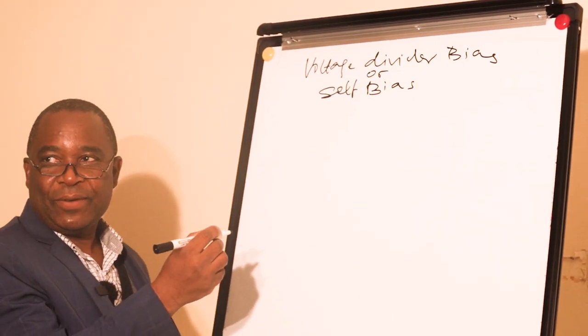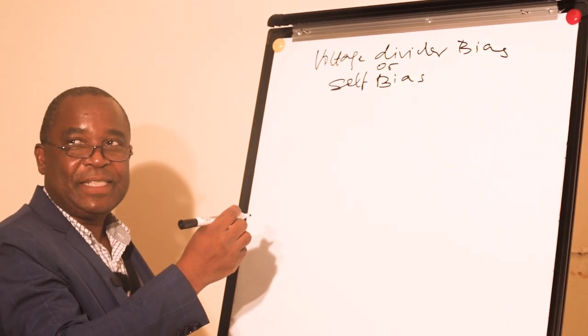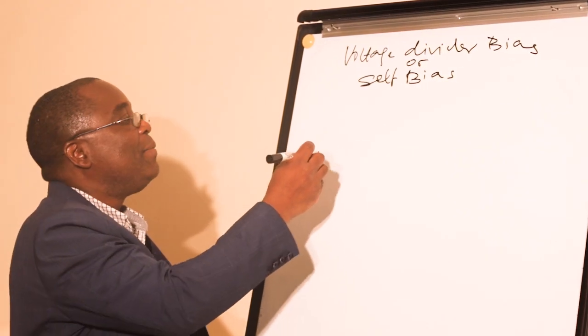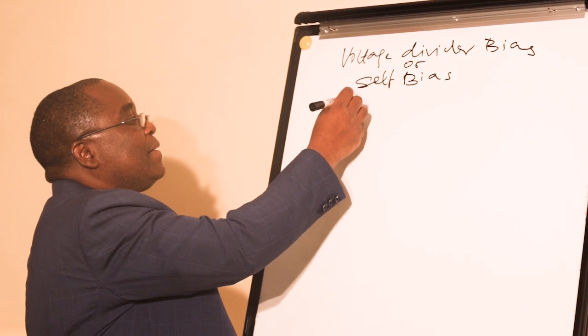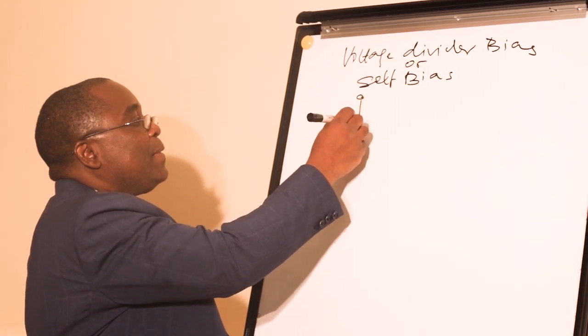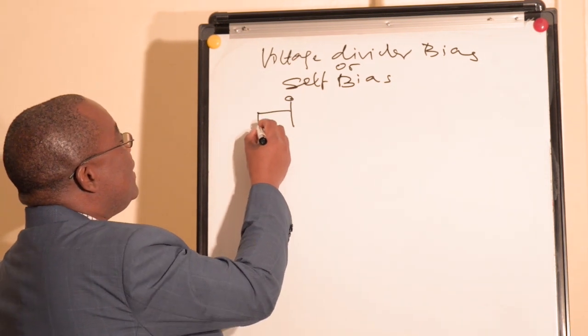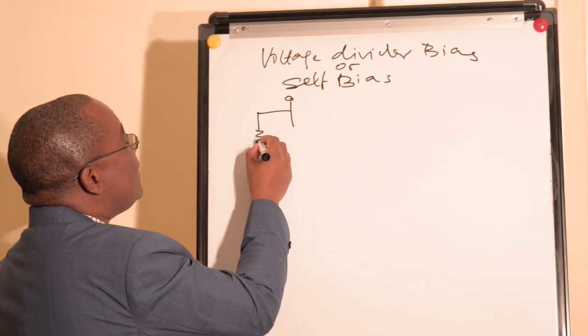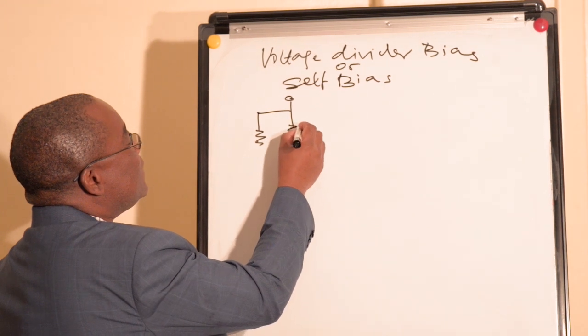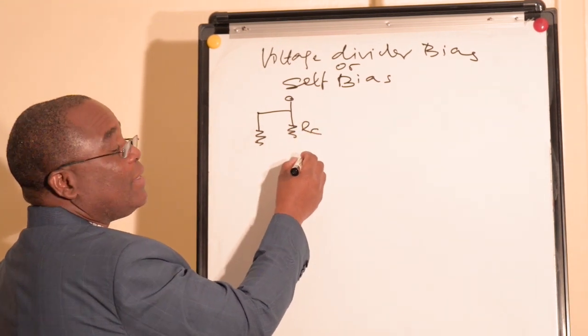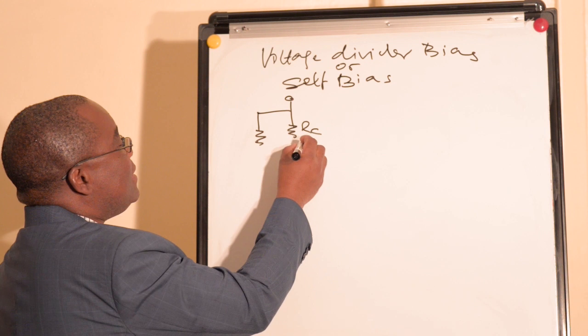We'll see a circuit of a voltage divider bias. This is an NPN transistor. This is RC, the collector resistor.